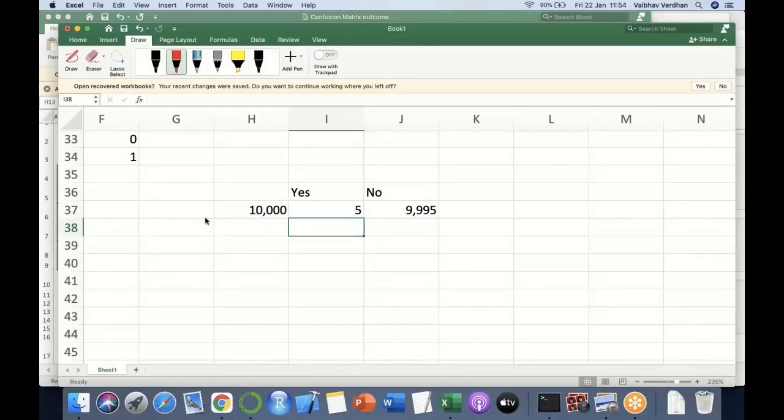Why does it matter? It matters because if your algorithm classifies all the observations as no, it will be 99.95% accurate. But it won't be a correct solution. That is not an ideal solution, because it is not doing its job of identifying the yes.